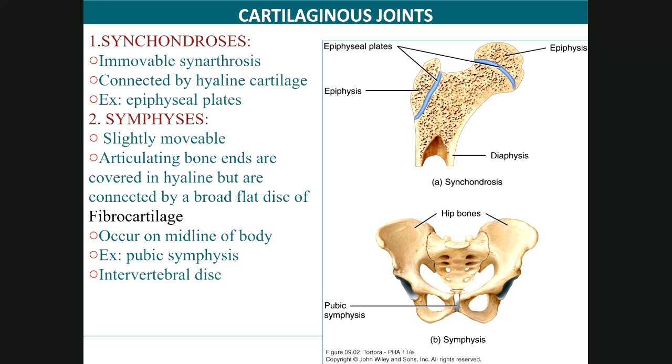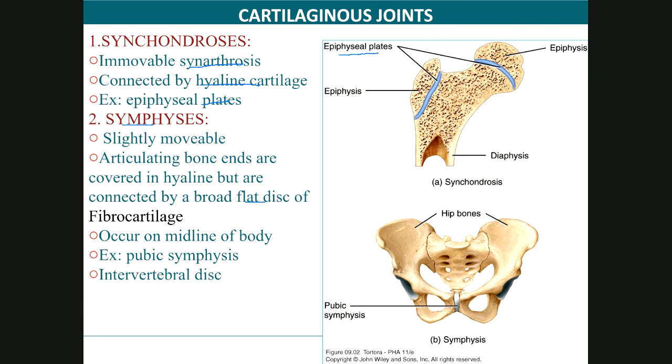So a synchondrosis joint is considered an epiphyseal plate that we talked about in the past. It's the region on long bones where they're growing in length. So they're synarthritic. They're connected by hyaline cartilage. This is hyaline cartilage. And they're the epiphyseal plates in long bones. The symphysis, they're amphiarthrosis, so they are a flat disc of fibrocartilage.